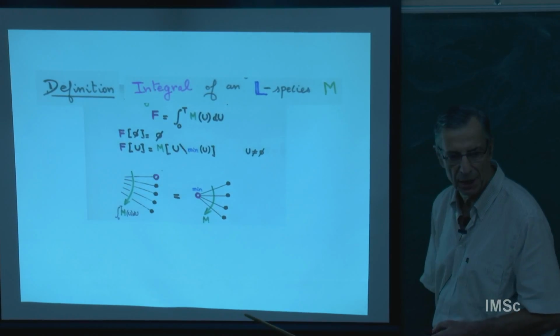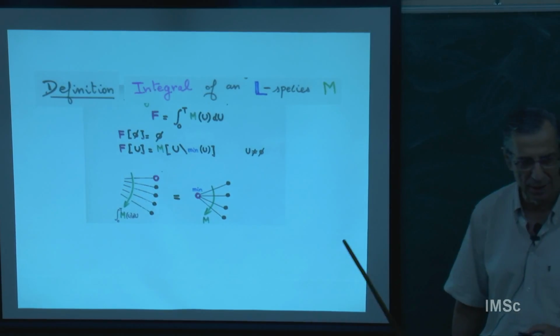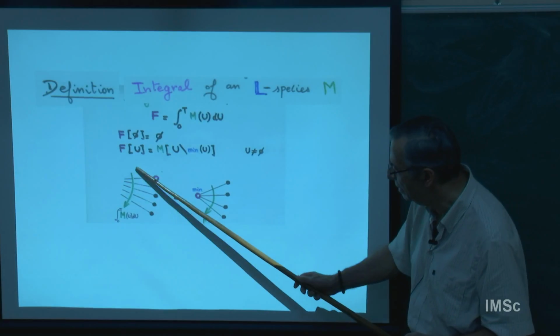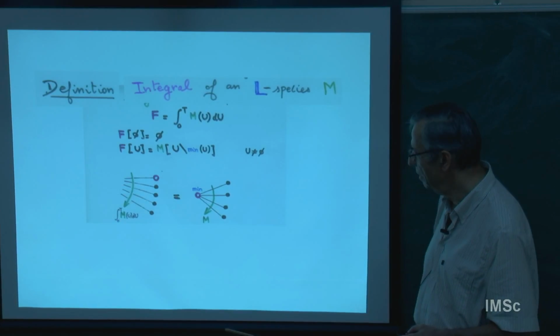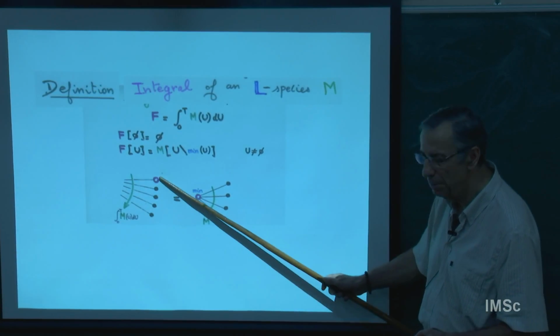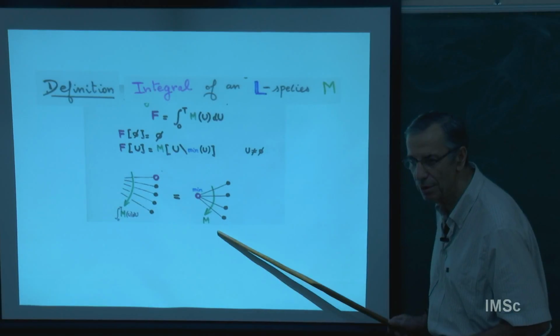When I was working with the derivative, I added a new minimum. When I am working with the integral, I delete the minimum. So symbolically, it is like this: for a U structure, you take the minimum, you put it away, and you put an M structure on what remains.